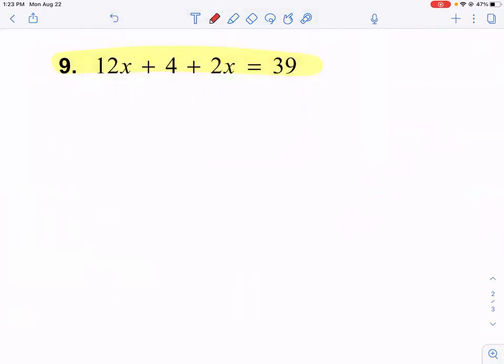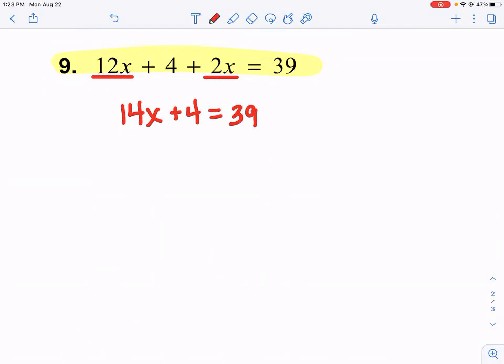Is there something on the left side that we can combine, Abby? 2x plus 12x. We have a 12x and a 2x, okay? We need to combine those two together before we can do anything else. So we're gonna write 14x plus 4 equals 39.